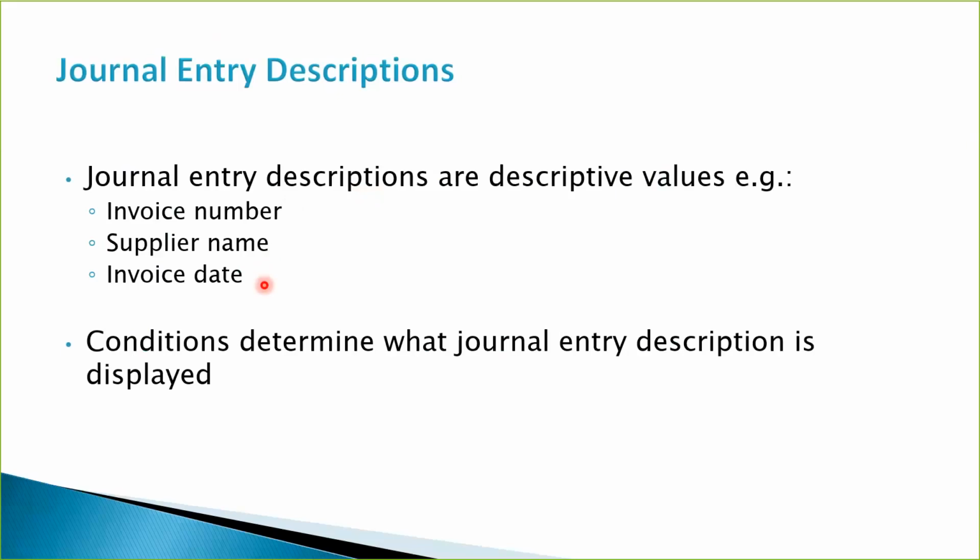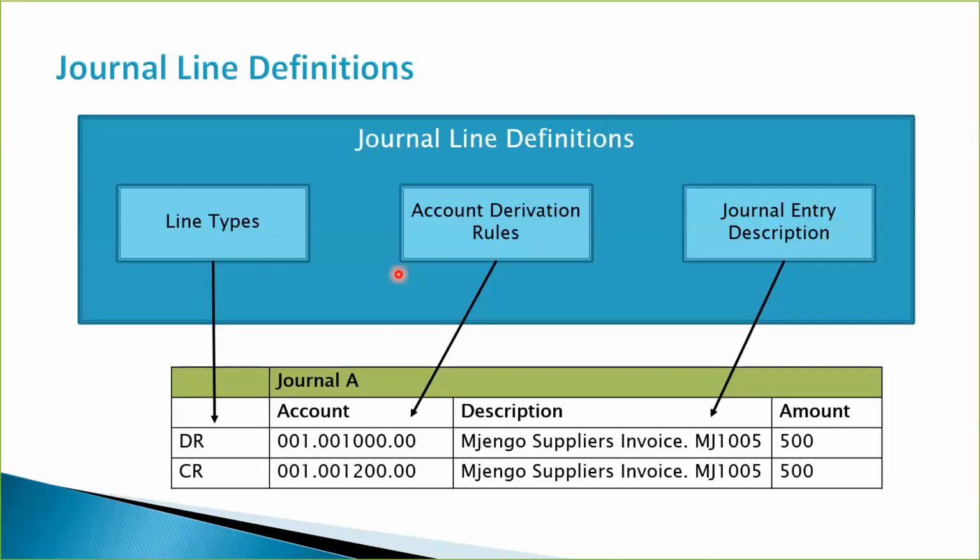Let me go back to that. Okay. So for example, here it can say supplier, and then it will show the name of the supplier, and then it will show invoice number, and then it will show the number of the invoice. So you can have that as the logic for all your invoices, but of course the values will change depending on who is the supplier and what is the invoice number.